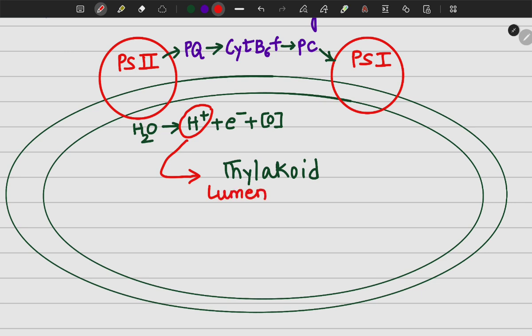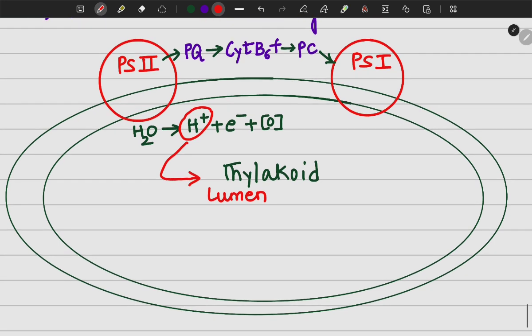Alright, now when the electrons pass from photosystem 2 to photosystem 1 through the electron transport chain, then when the electron is passed from plastoquinone to cytochrome B6F, during this flow of electron, one hydrogen ion enters inside the lumen here.